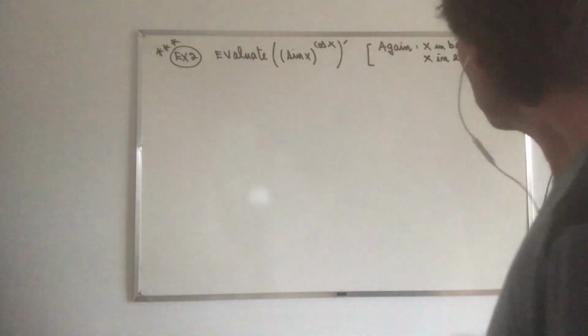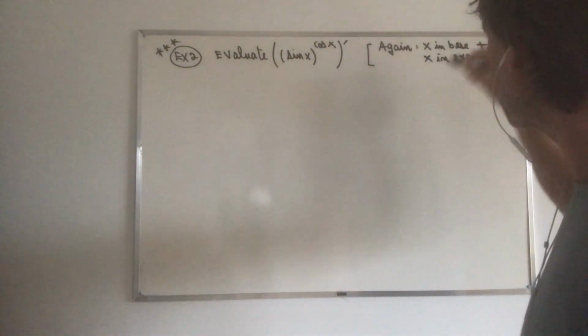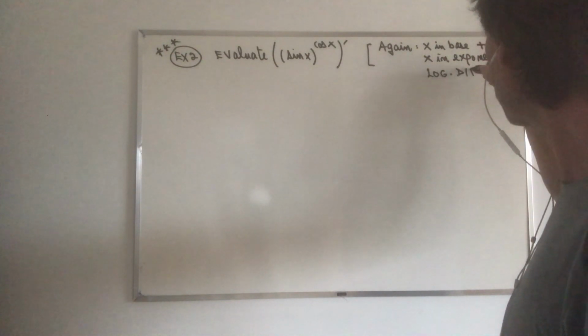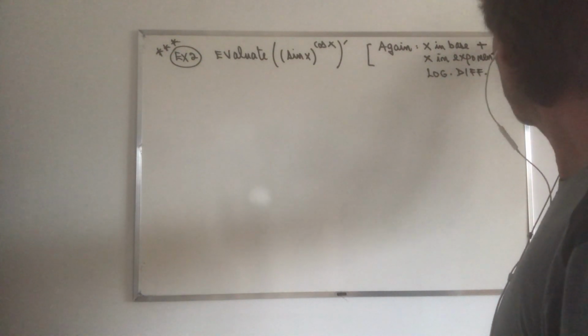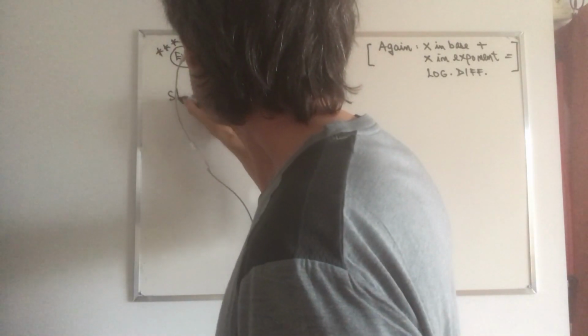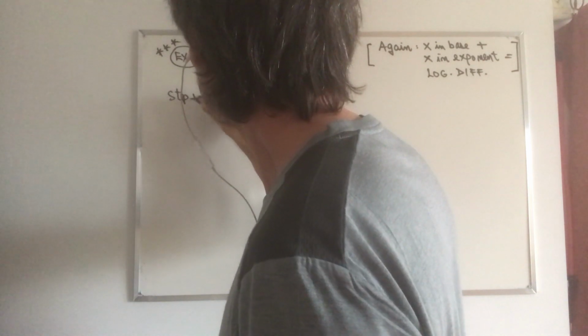So x in the base plus x in the exponent equals logarithmic differentiation. All right. So let's apply our steps on this.